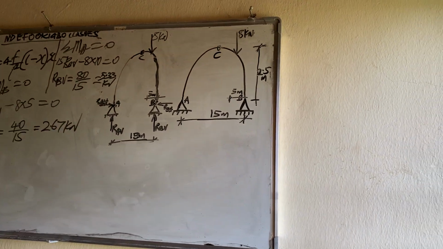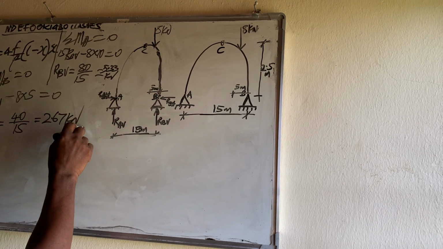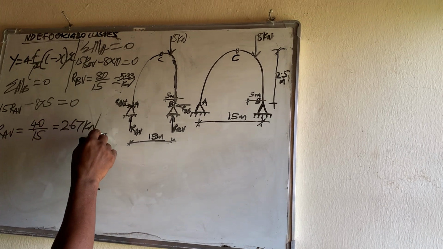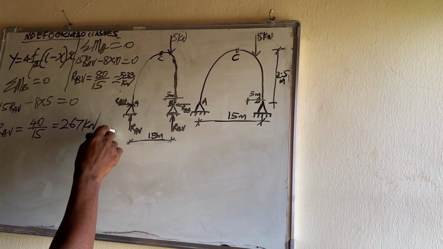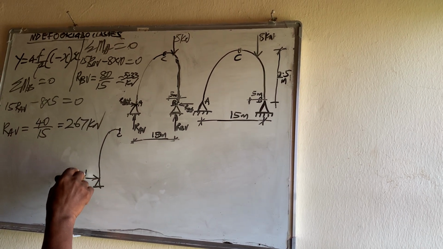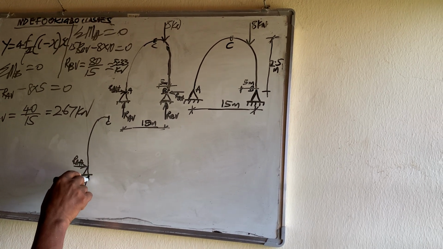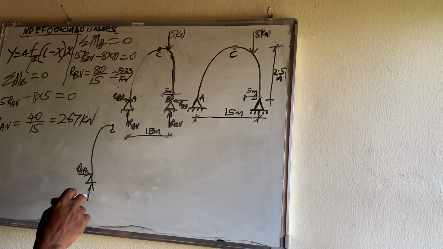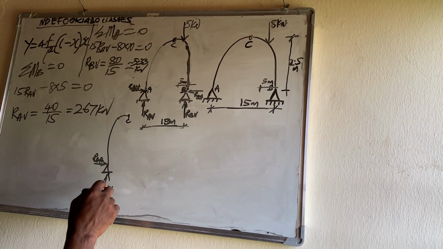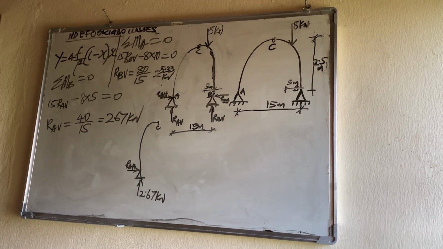To get R_A horizontal, we cut the arc at the hinge at point C. This is R_A horizontal and this is R_A vertical, which was given as 2.67 kilonewtons.